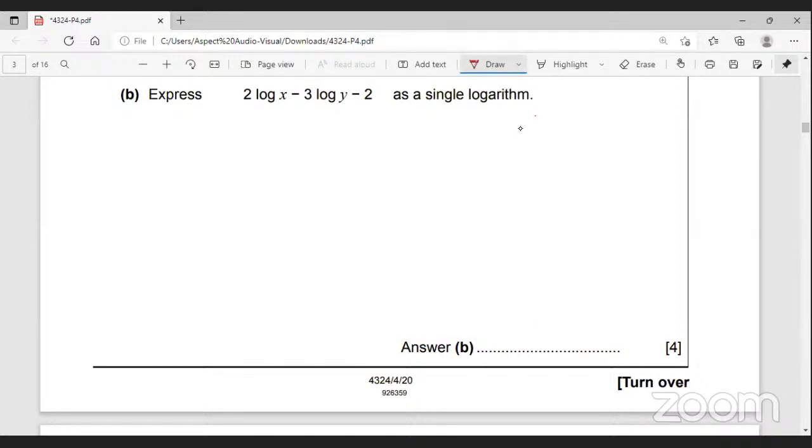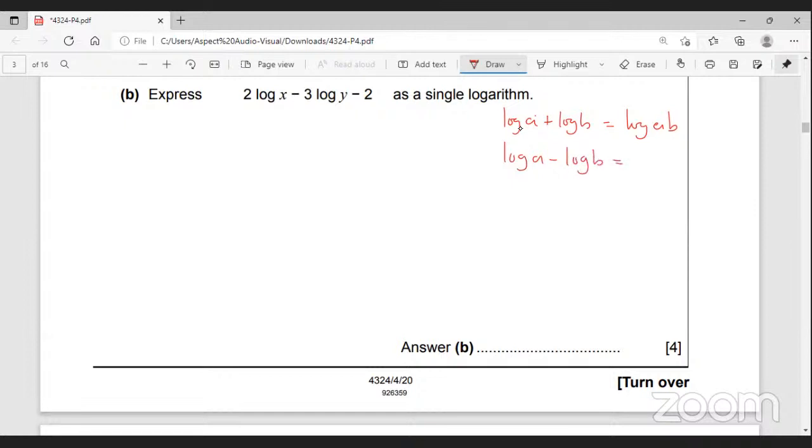Suppose that you have log A plus log B. When you are adding, what do you do? You multiply. So this is going to be log AB. And then the next one, when you subtract, log A minus log B is going to give you what?